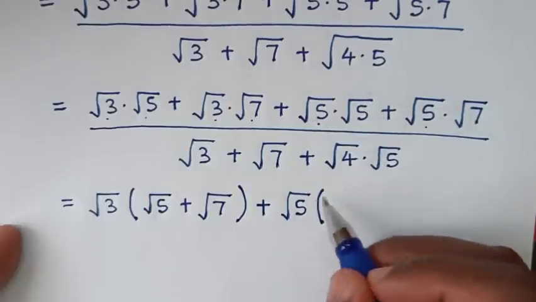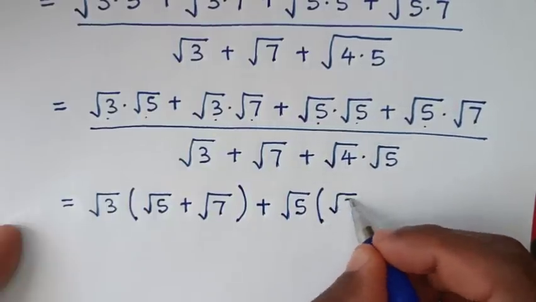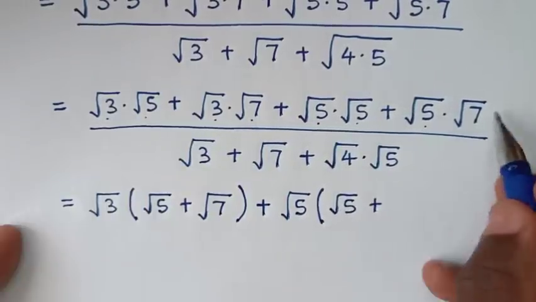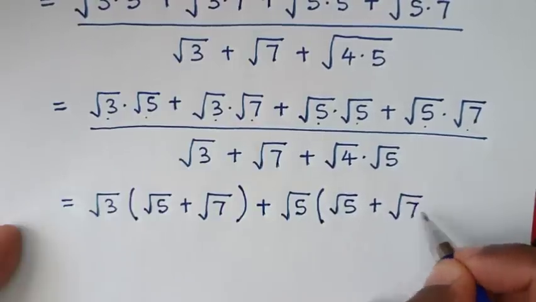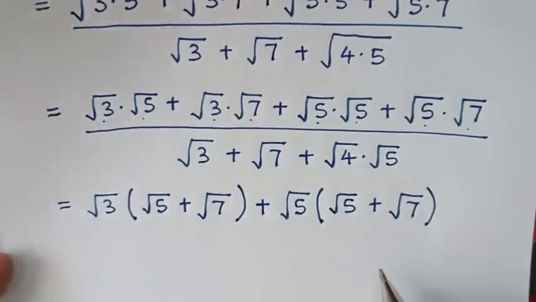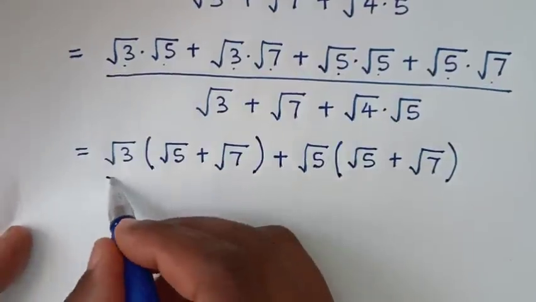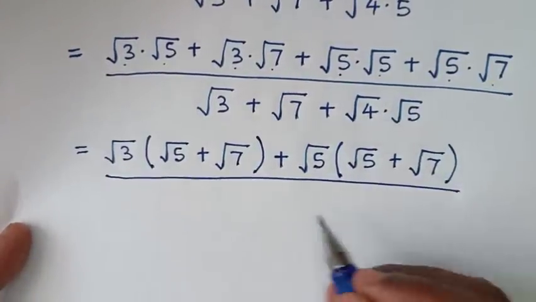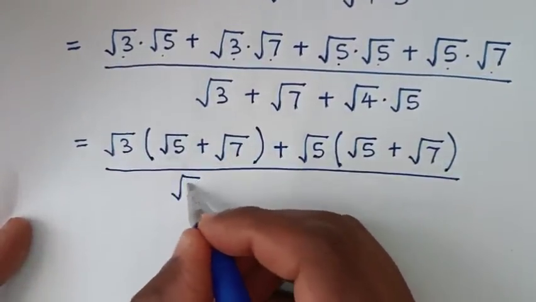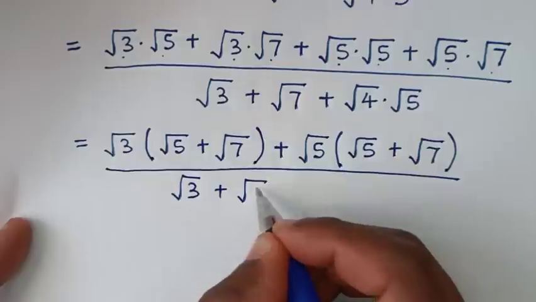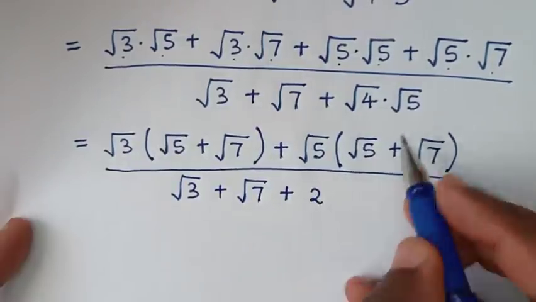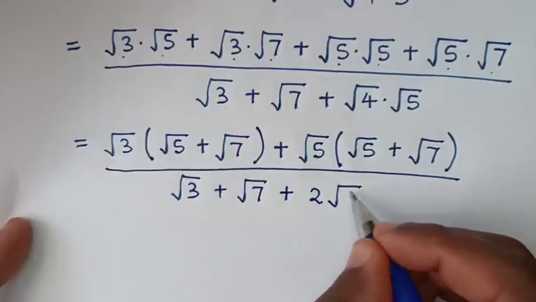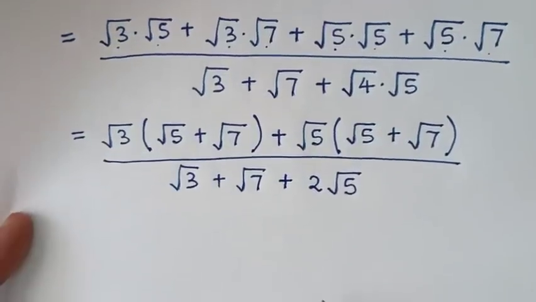This divided by this is square root of 5, plus this divided by this is square root of 7, bracket, then over, here it will be square root of 3 plus square root of 7 plus square root of 4, which is 2 times square root of 5.